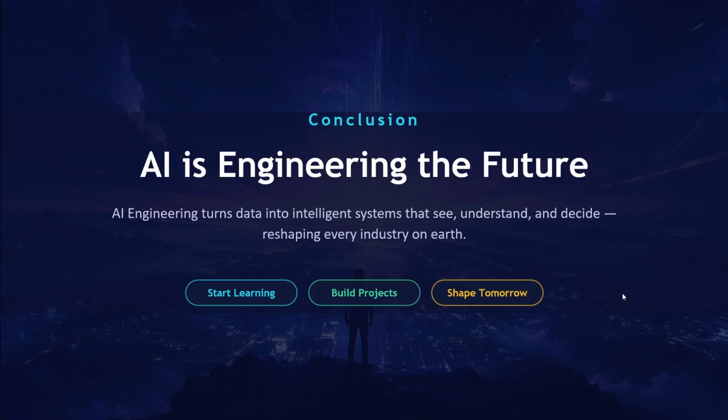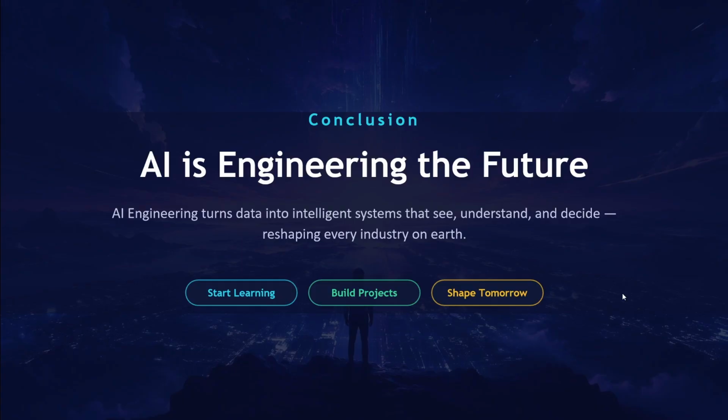We discussed the cloud platforms that power modern AI development, real world applications across industries, the challenges engineers must navigate responsibly, and where this field is heading in the future. And finally, we walked through a clear career roadmap along with realistic salary expectations both in India and internationally.